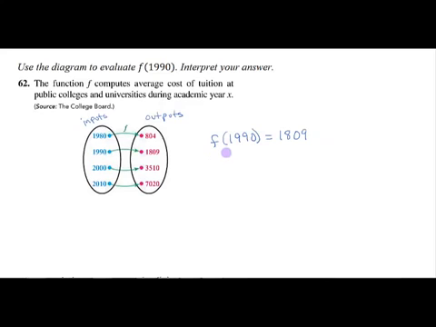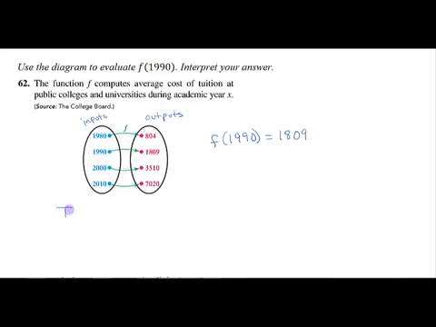So here we have, of course, our function notation that shows a point, the input and the output, the x and the y. But let's go ahead and interpret the answer. Remember, when we interpret the answer, we want to describe this in language that people who don't know math would understand, something that maybe you would hear on a newscast. We wouldn't say, for an input of 1990, we get an output of 1809. That wouldn't make sense to most people.